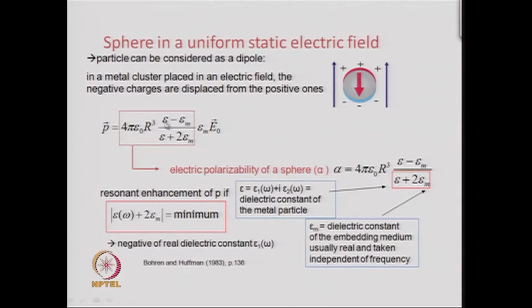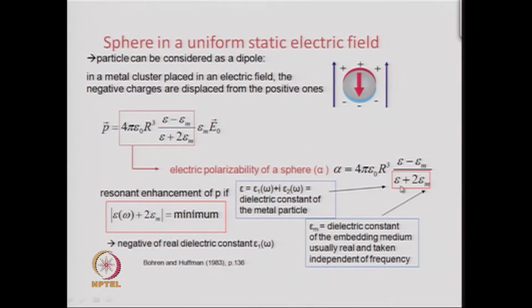So, if this entire term is the electric polarizability alpha, then you can write alpha is equal to this, and you see in the denominator, if you want to make alpha very large, then you need this to be very small. Now, this can be very small, or you can make this whole thing go to infinity when this goes to 0.